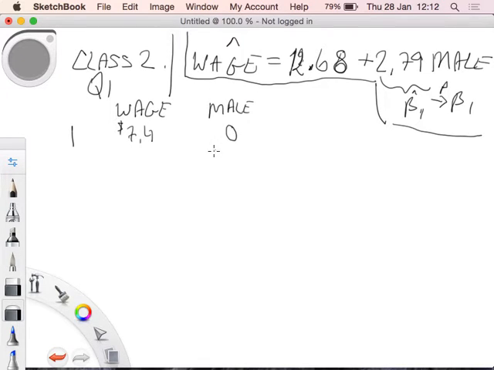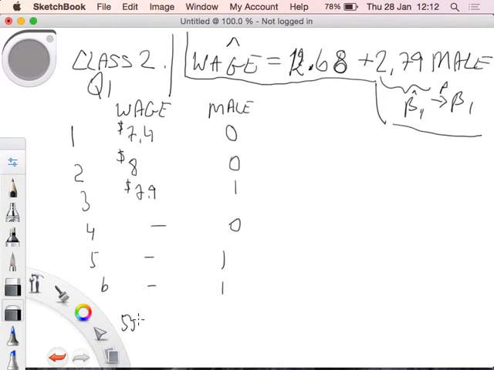So male takes 0. The second person earns $8 an hour, is also female. The third person, let's say, earns $7.90, and this is male, so it takes 1. Then 0, 1, and so on and so forth.